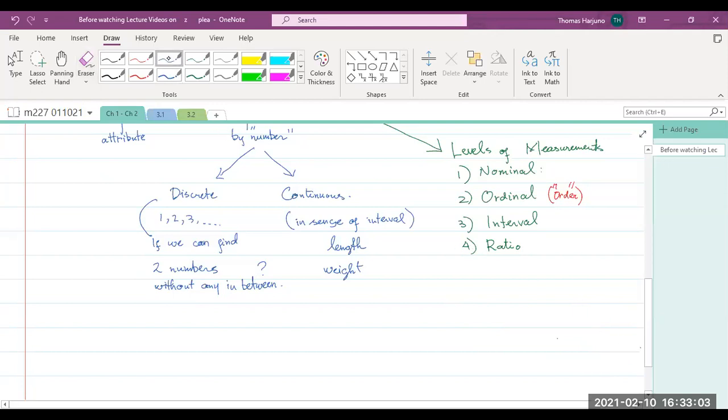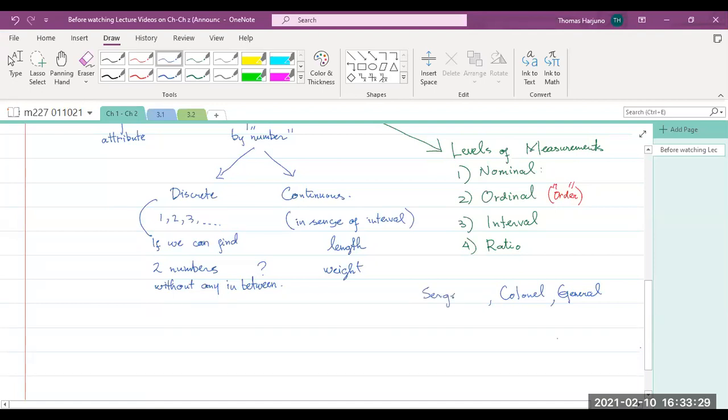Now, another example of ordinal measurement is, for example, rank. Not just first rank, second rank, third rank, yes, that is ordinal also. But I'm talking about, let's say, military rank. The highest one is general, right? And then we have colonel, we have surgeon.